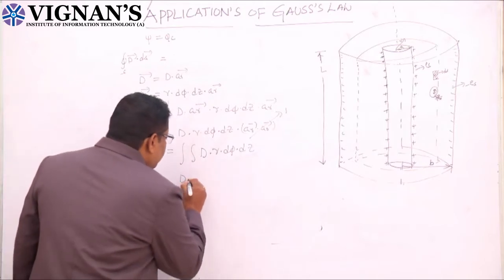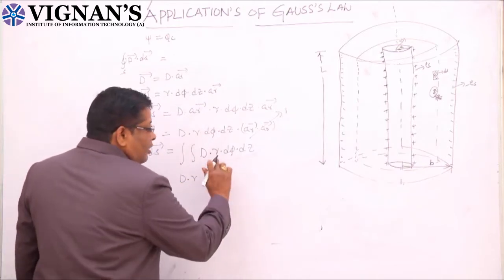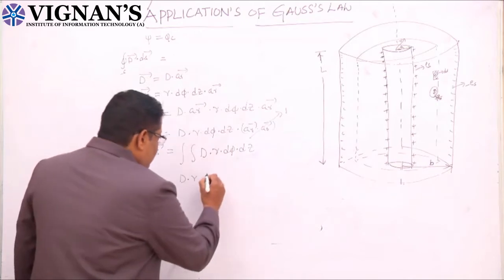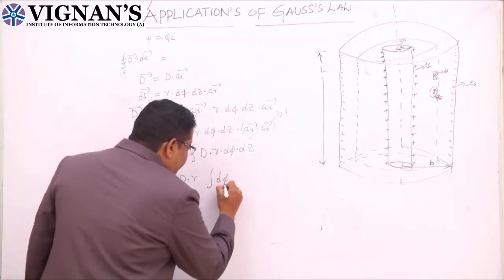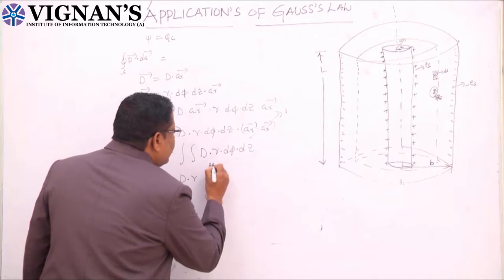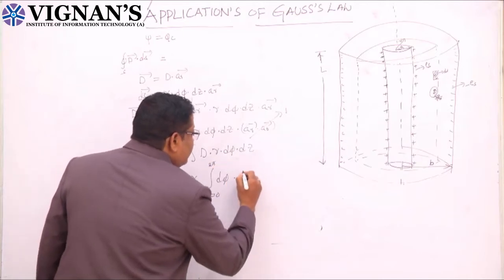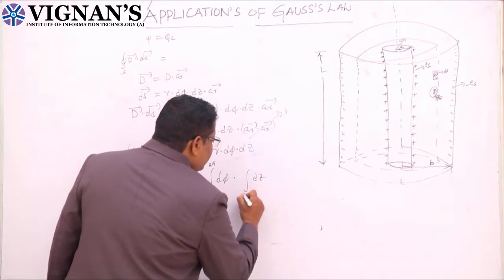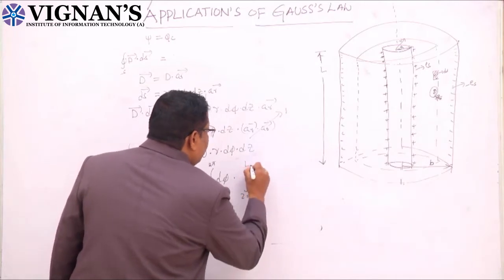Here D and r are constants, and the two variables are phi and z. The integral of d phi, where phi changes from 0 to 2 pi, and the integral of dz, where z changes from 0 to L.